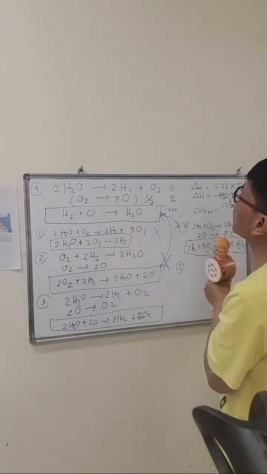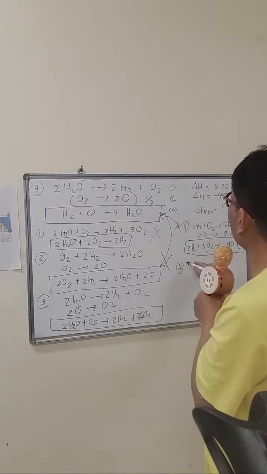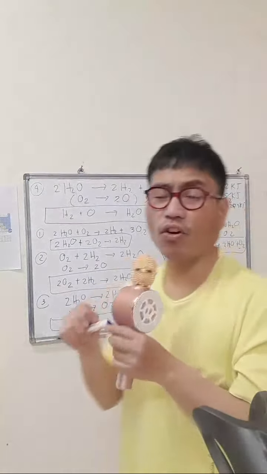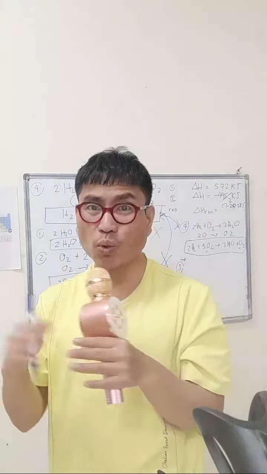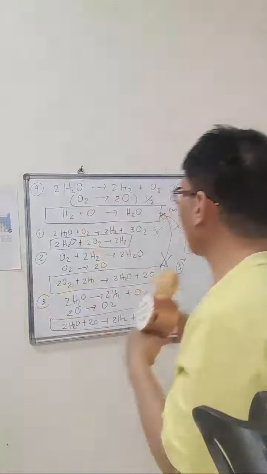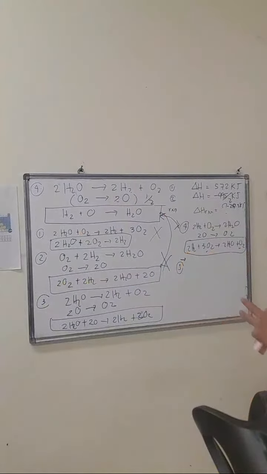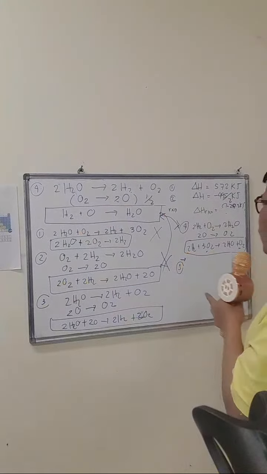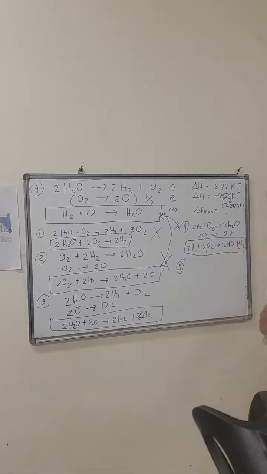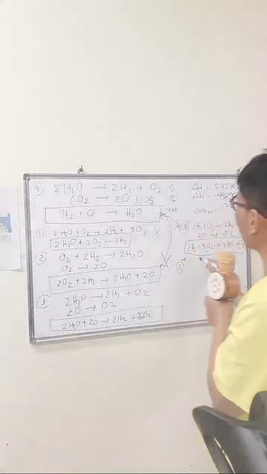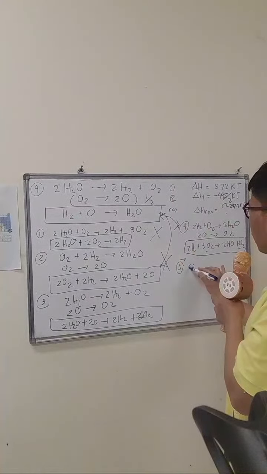So again, option number 5, with the manipulation of multiplying with the moles or coefficient to cancel out the common terms on each side. I have to multiply by 1/2. So I need to do that again. So 1/2 times 2 oxygen only.